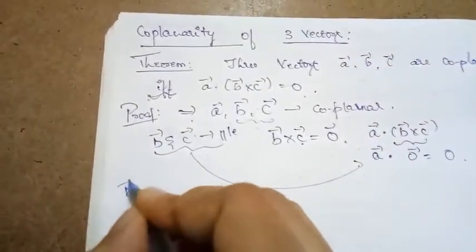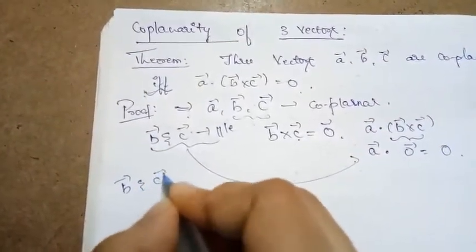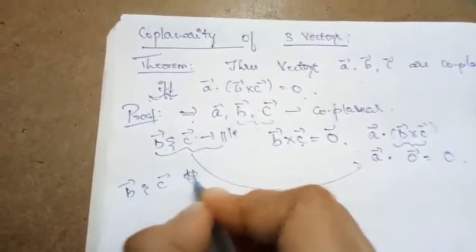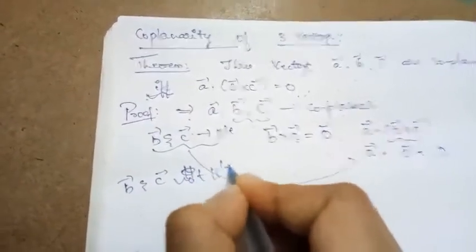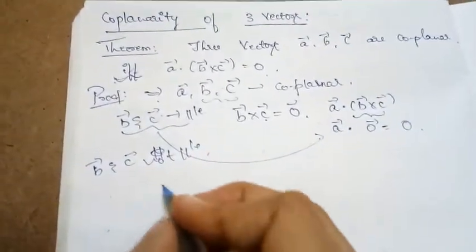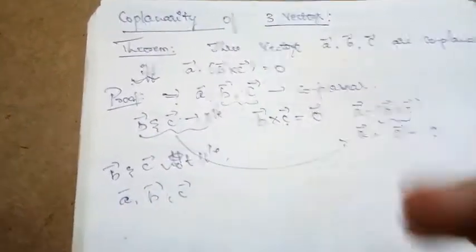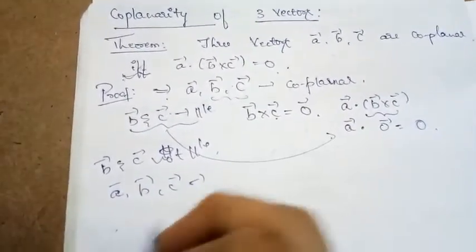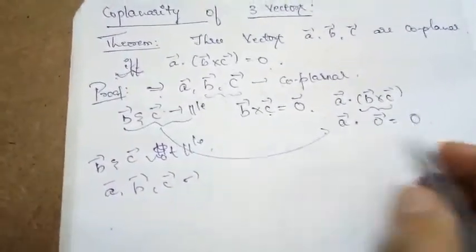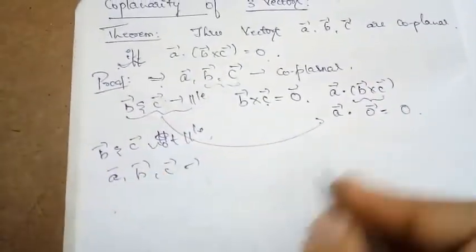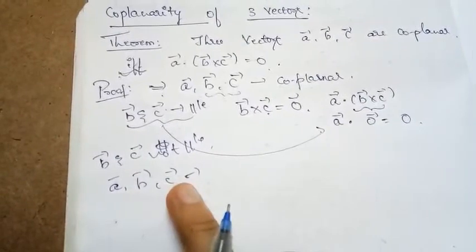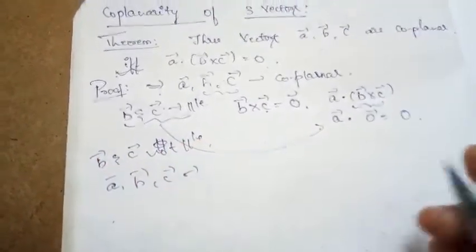Suppose vector B and vector C are not parallel, then what happens? Since vector A, B and C are coplanar, clearly observe properly here, these two are parallel. I am saying these three are coplanar.